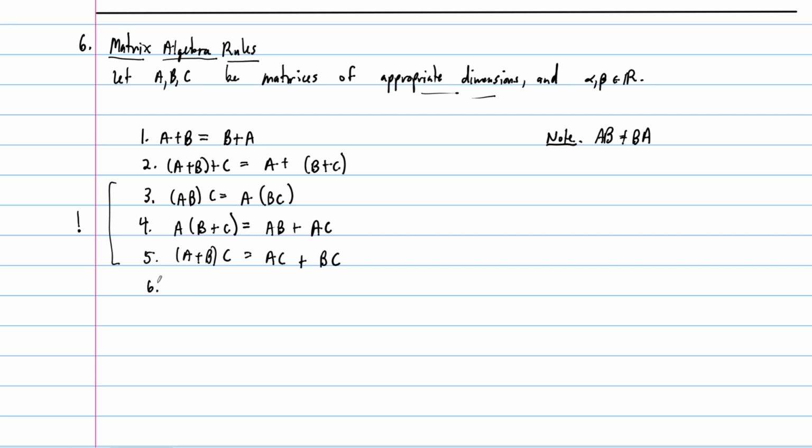Let's write a couple more. So these ones are related to scalar multiplication. So α(βA) is the same as (αβ)A, alpha beta. All right, so scalar multiplication is associative. Property 7, scalar multiplication, that's scalar with scalar, right?